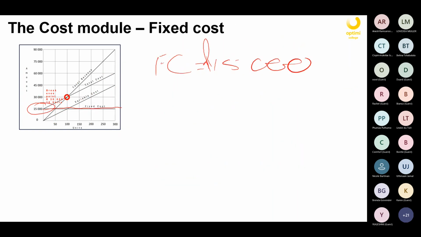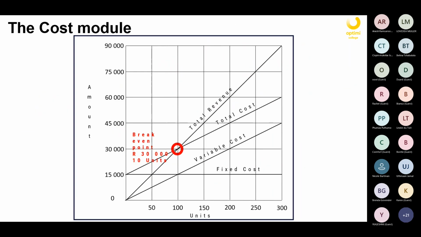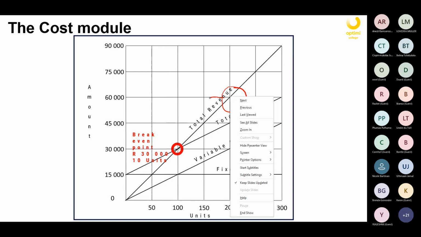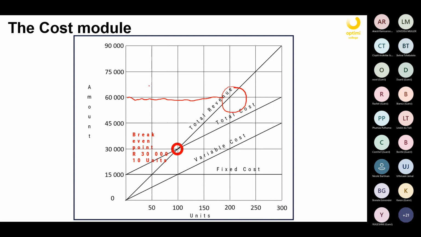Going back. Total revenue is, if we look at this cost model here, the cost model is in front of you. For any of these lines, the way to get that amount is to take any point on the line and connect it straight to the y-axis, and connect it straight down to the x-axis.